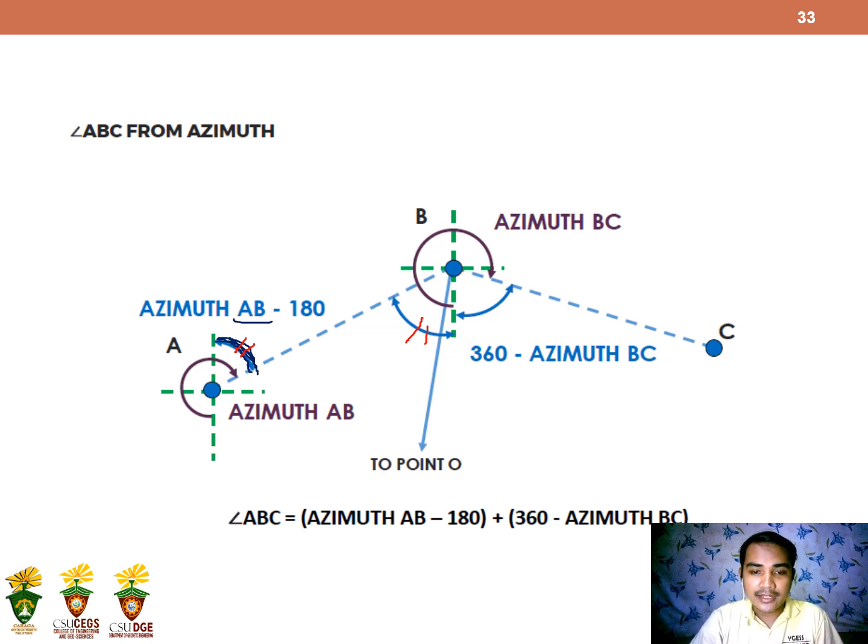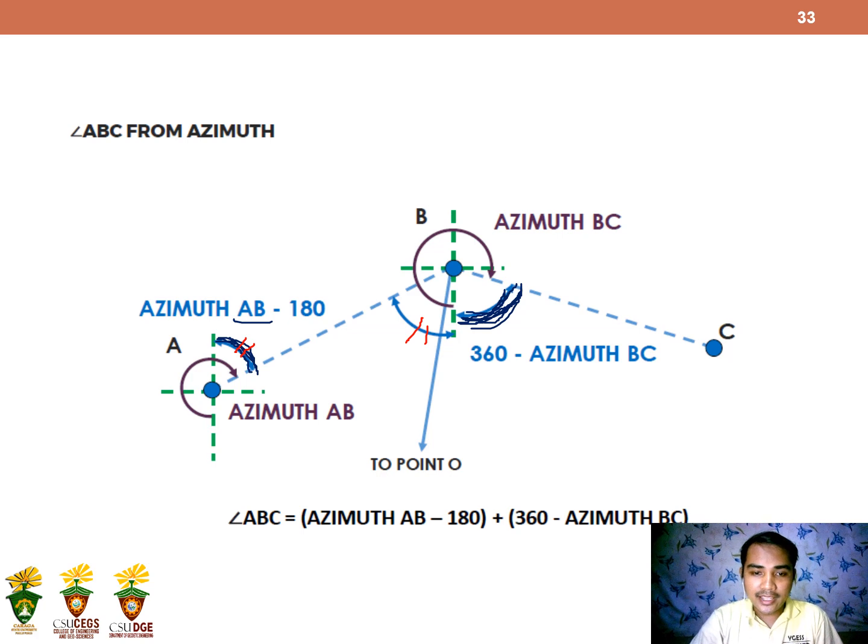And we have also there azimuth BC. And azimuth BC, we need to get this angle, para makompleto na to ang angle ABC. So this angle is equal to 360 degrees, which is the full rotation, minus the azimuth BC. So ang mabilin is kani nga angle. So kani nga angle is 360 minus azimuth BC.